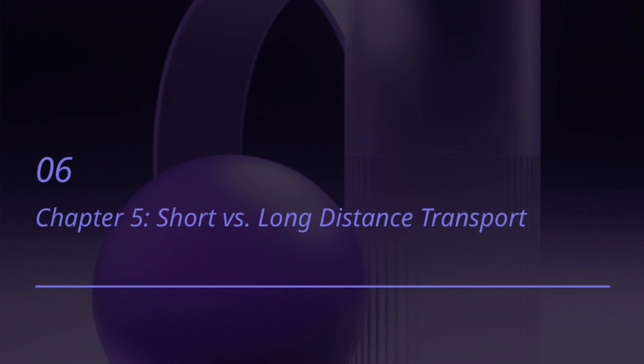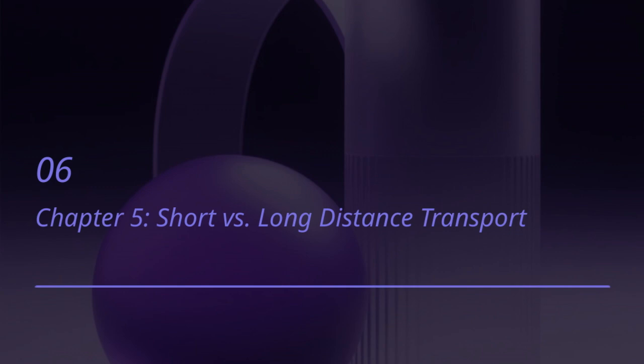These methods are typically more cost-effective for shorter distances and allow for just-in-time deliveries. On the other hand, long-distance transport, covering hundreds or thousands of miles, requires different strategies. Here, we often turn to rail, ships, or even air freight, depending on the nature of the goods and urgency. The key point is that long-distance transport involves higher costs and considerations like customs, regulations, and infrastructure.